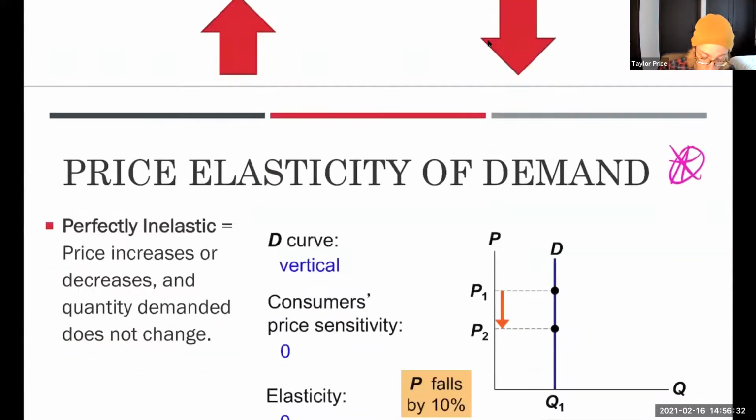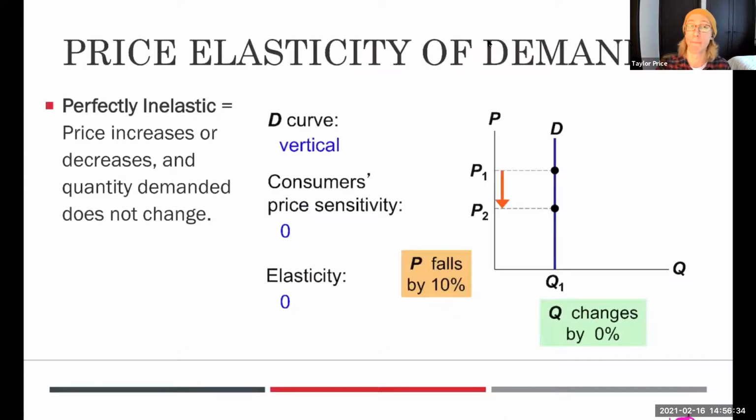And we have an extreme version of that with perfectly inelastic, effectively a completely vertical curve. This basically means that price increases or decreases and the quantity demanded does not change. A good real world example of a good that is perfectly inelastic or close to it is medicine, specifically medicines that you need to survive.